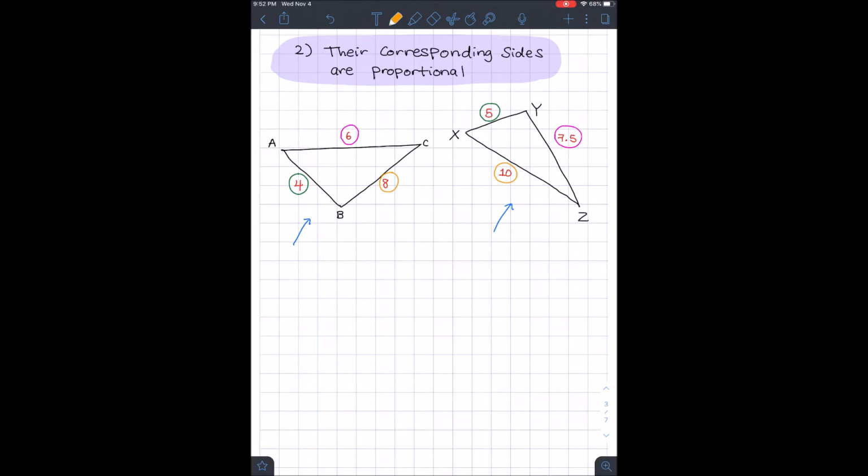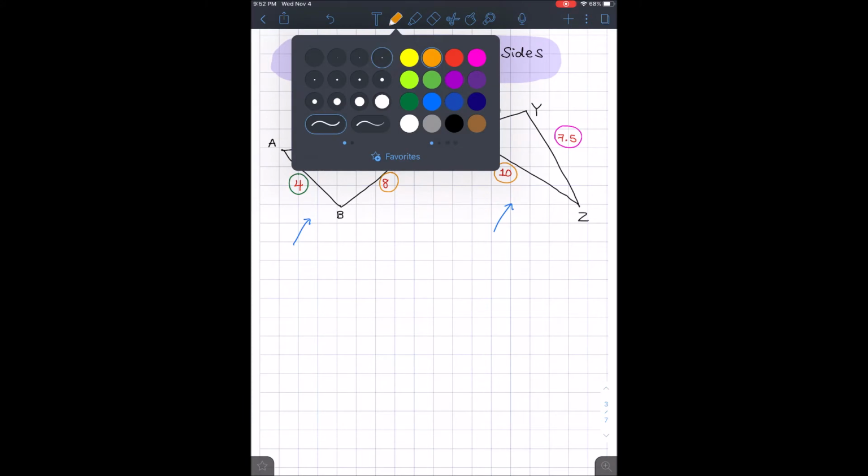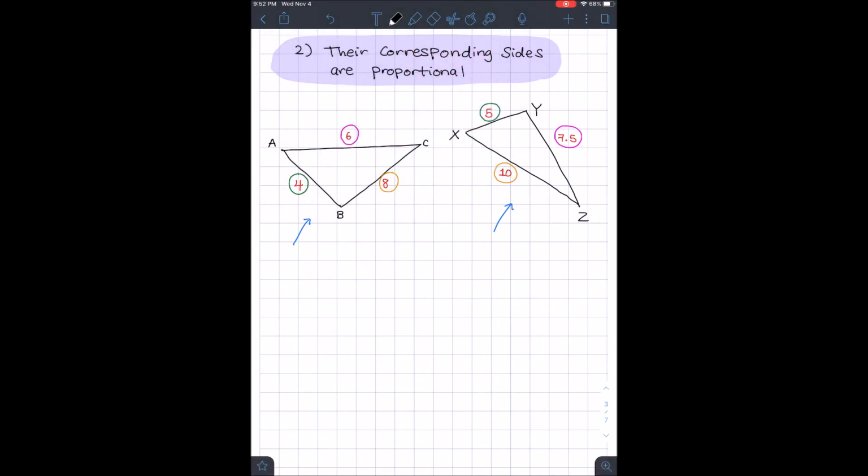Okay, so now half of the work is done because we've matched the sides for the two triangles. But we want to know if the corresponding sides are proportional. What does that mean? Well, we want to form the ratio for these pairs of sides. So remember, 4 is matched with 5.